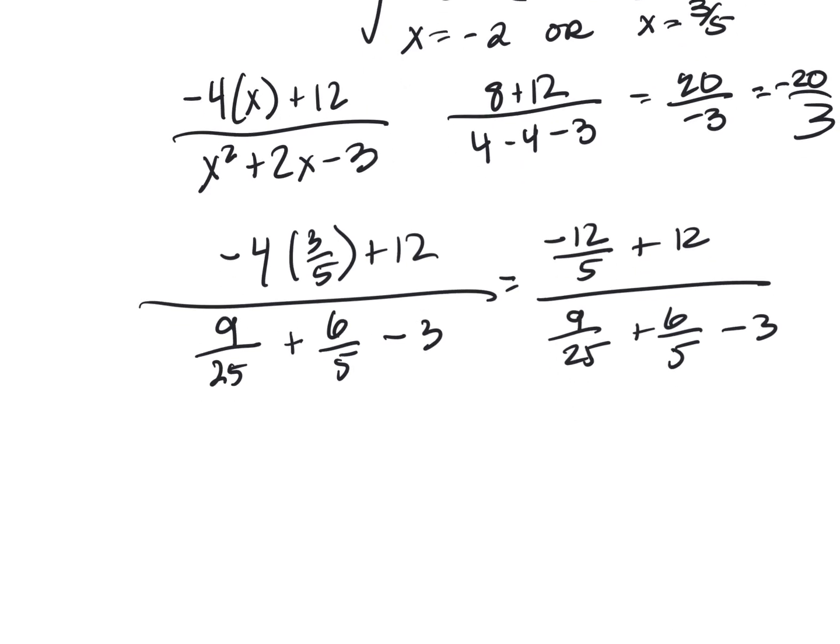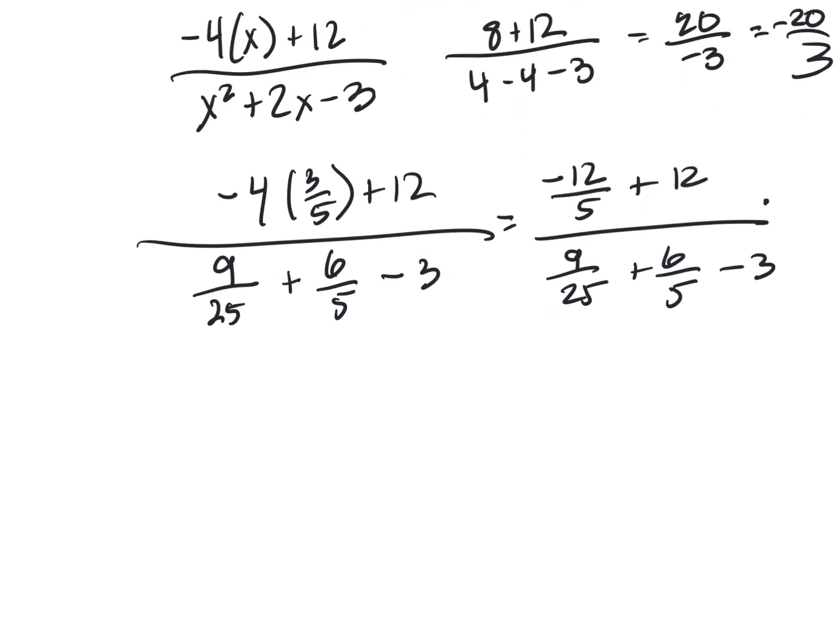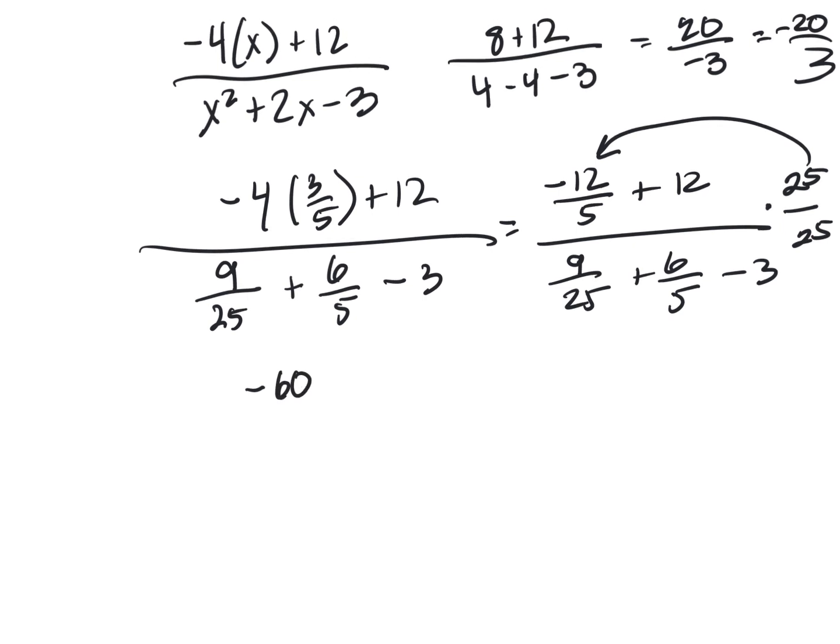Let's multiply top and bottom by 25. Should simplify this way. All right, so 25 into there gives me a negative 60, because this 5 cancels with that, and then 5 times 12 is 60. And 25 times 12, hang on a minute, let me tell you what that is.